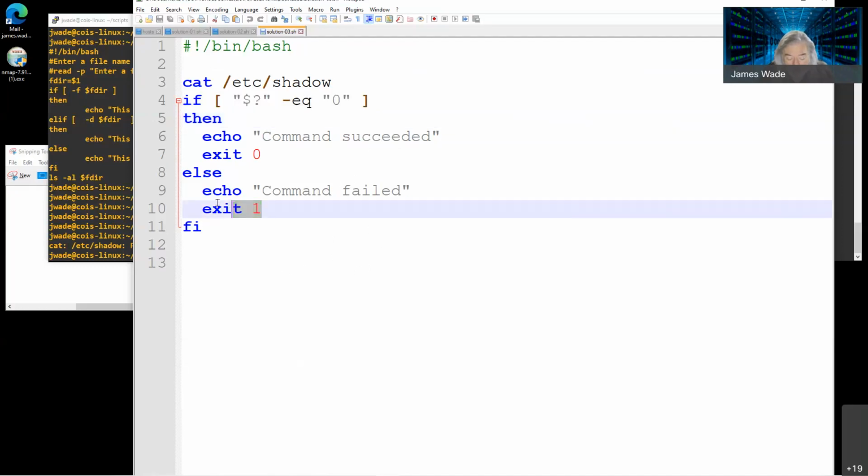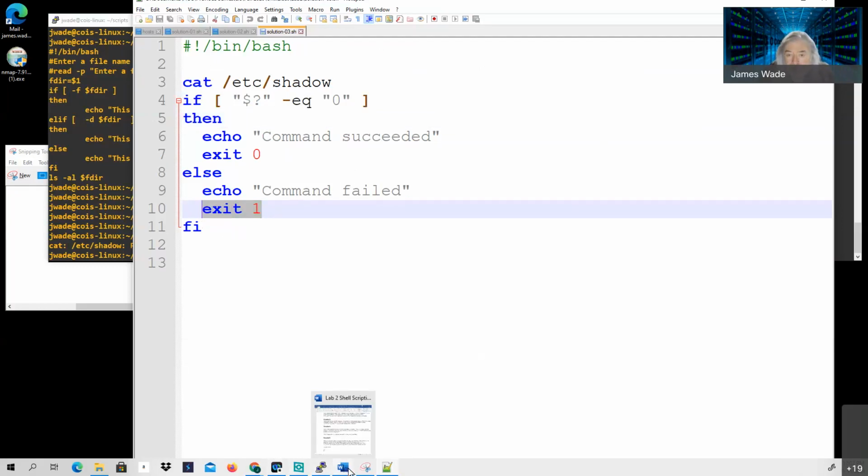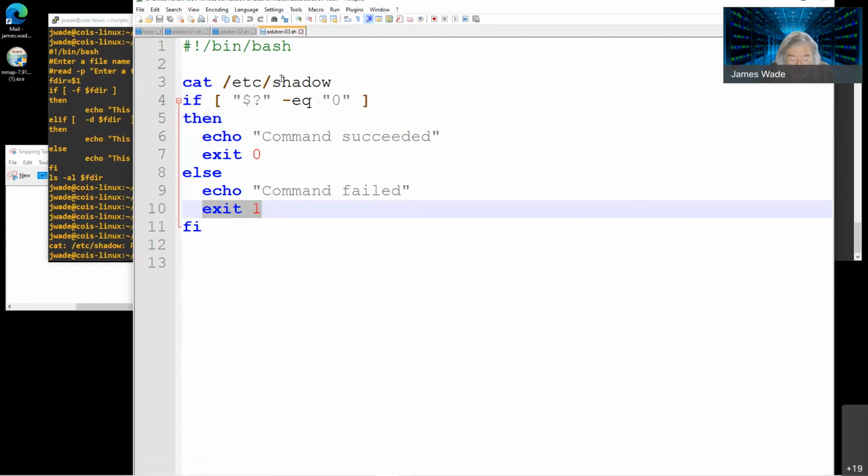And then we're going to put that little exit status out there. Let's go look at the fourth one. By the way, if you have any questions when I'm talking to you about these scripts, like why is that there, let me know. See, equals 0, because if it succeeded, the exit status is going to be a 0, and if it failed, it's going to be a non-zero, a 1 or non-zero.